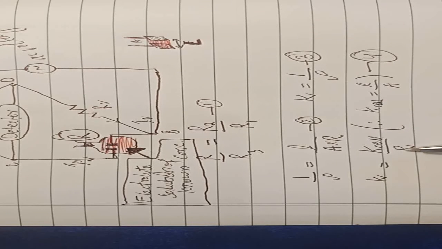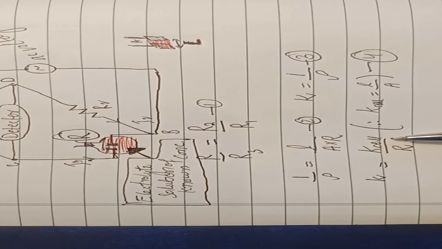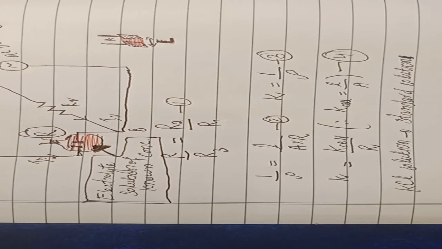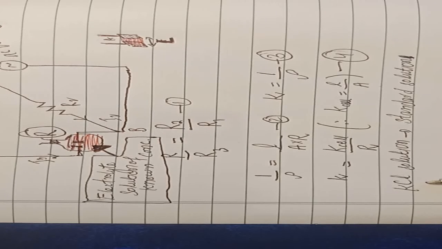The cell constant can be measured indirectly by using KCl solution of known concentration, which is considered as the standard solution, and the conductivity of this solution at various concentrations and temperatures is given in the literature.